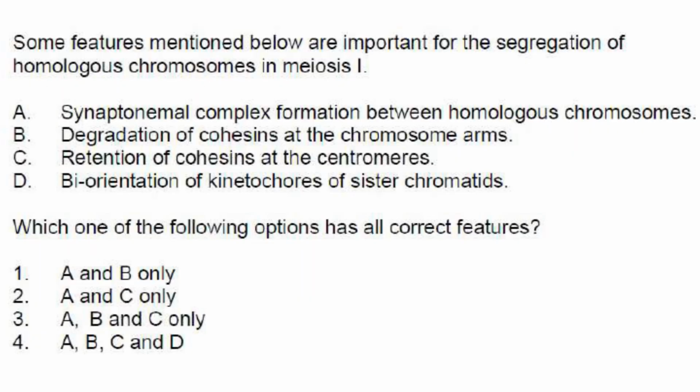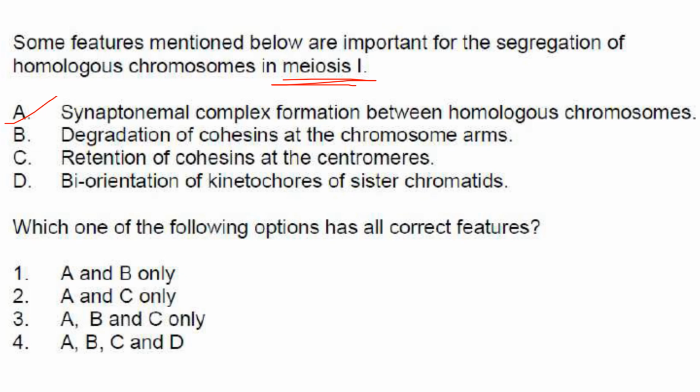Now next one. Some features mentioned below are important for segregation of homologous chromosome in meiosis 1. Synaptonemal complex formation between homologous chromosome. Yes, that's correct. Happens during prophase 1 of meiosis. So A is there in all the options. Degradation of cohesins at the chromosome arms. Yes.